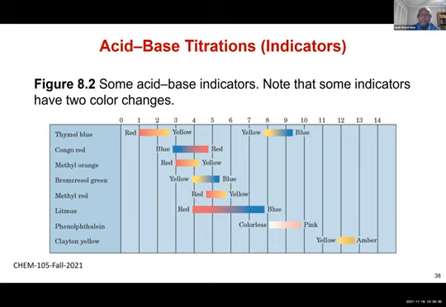So you can successfully measure the equivalence point and the concentrations of acids and bases using volumetric glassware, the burette and the conical flask.